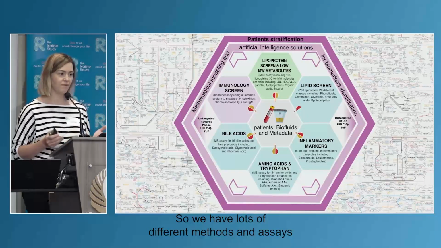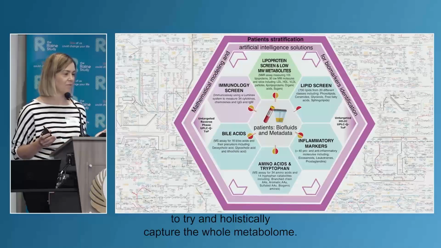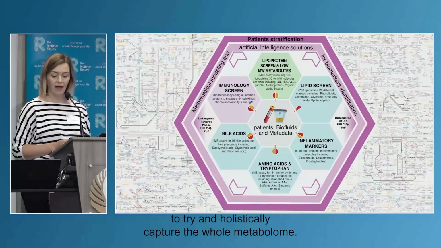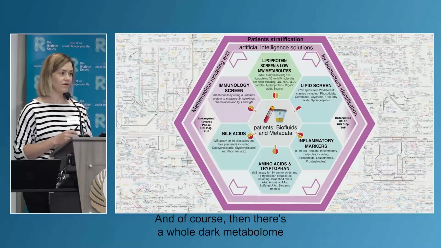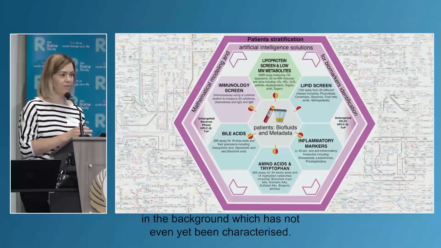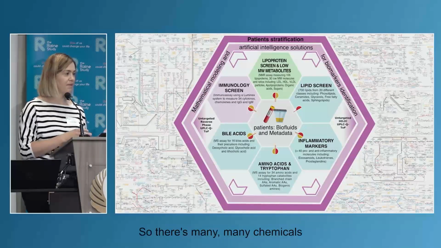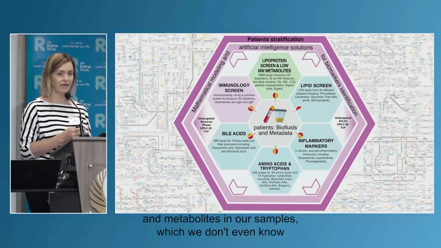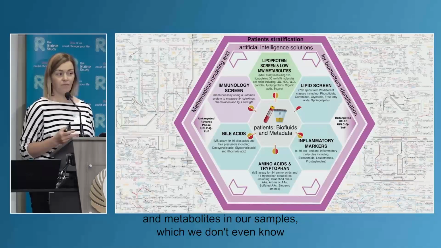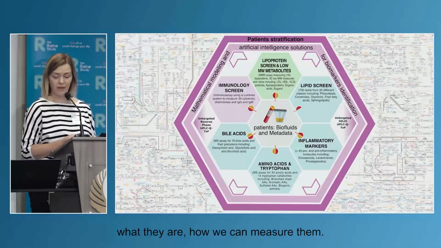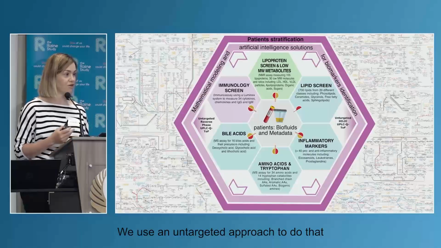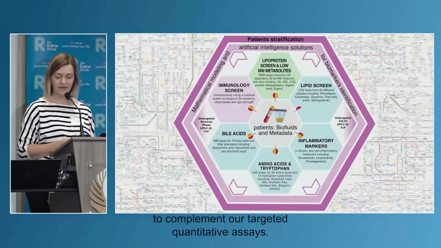So we have lots of different methods and assays to try and holistically capture the whole metabolome. And of course, then there's a whole dark metabolome in the background, which has not even yet been characterized. So there's many, many chemicals and metabolites in our samples, which we don't even know what they are, how we can measure them. We use an untargeted approach to do that to complement our targeted quantitative assays.